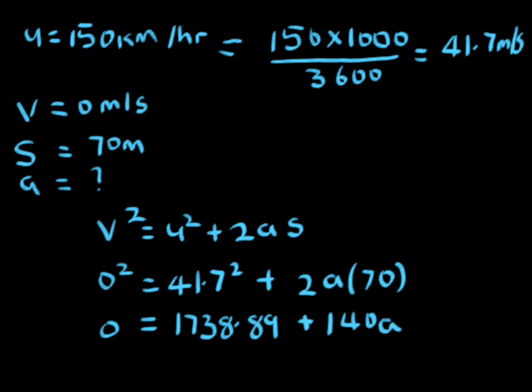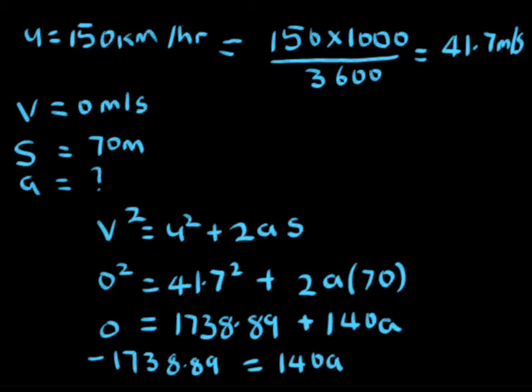I am trying to find a, which is our acceleration. So this 1738.89, we can move over the equation sign, and it becomes negative 1738.89, which will be equal to 140a.